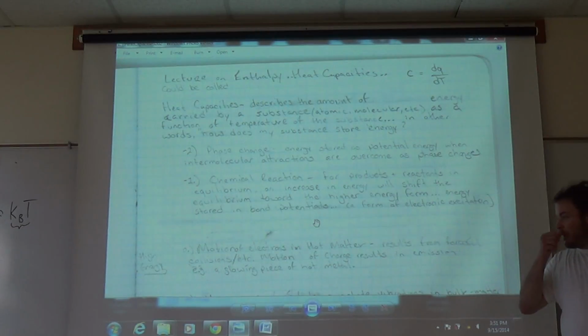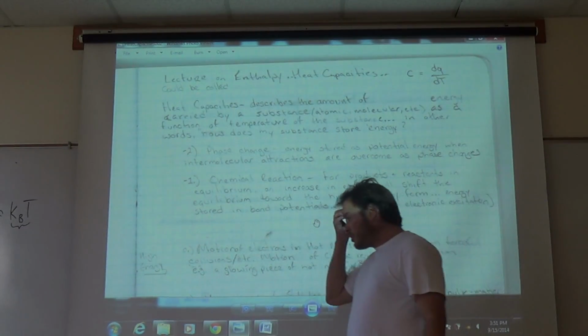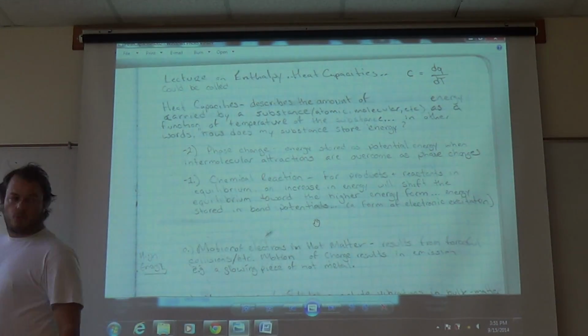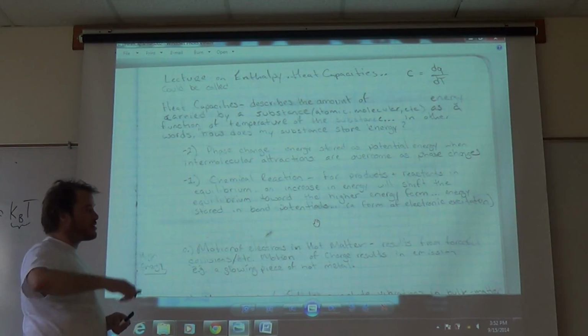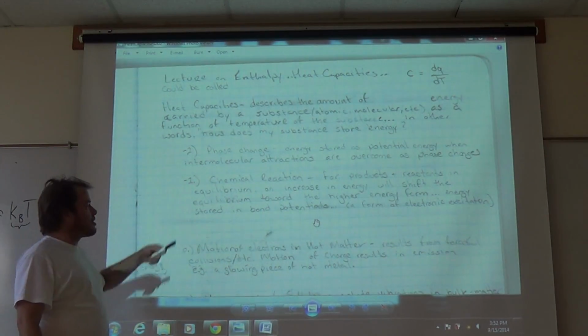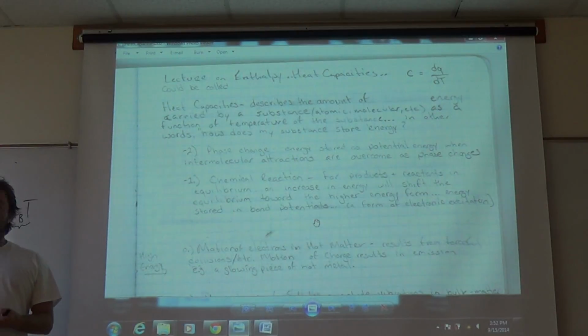Okay. And so we're going to give a quick reminder of the different ways that energy can be stored. We've got phase changes. We saw how a phase change can result in a difference between two energy states, or a phase change requires a jump in energy. We saw that chemical reactions are a way to store energy.